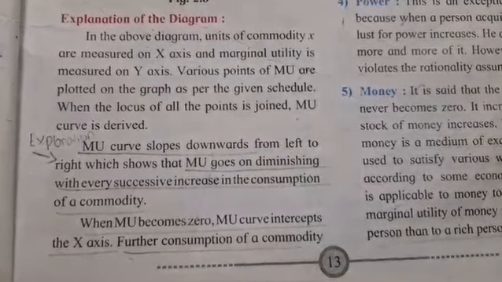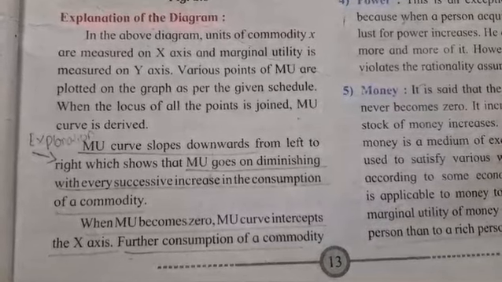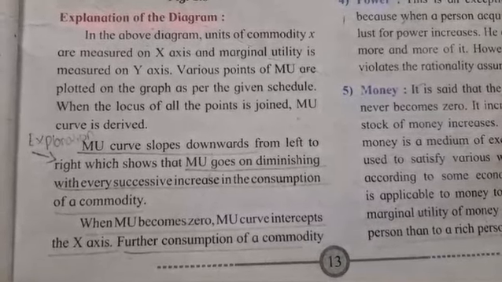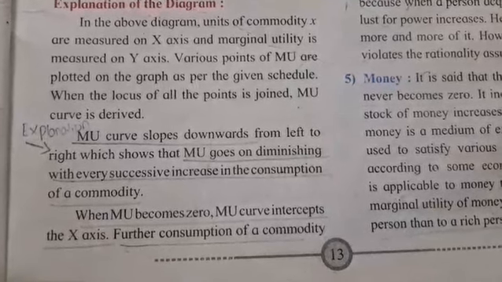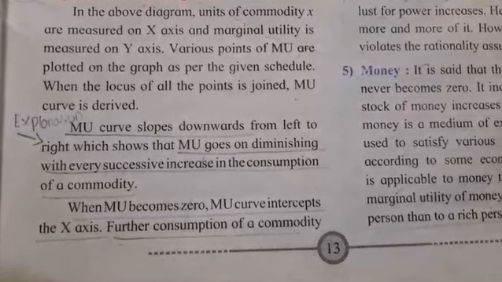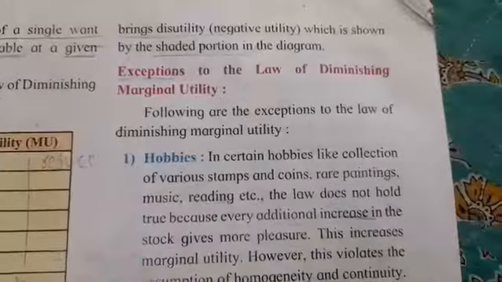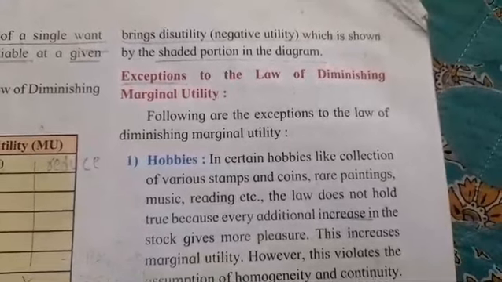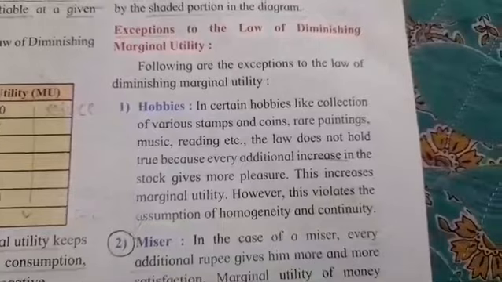The MU curve slopes downward from left to right, which shows that MU goes on diminishing with every successive increase in the consumption of a commodity. When MU becomes 0, the MU curve intercepts the x-axis. Further consumption of a commodity brings disutility, which is negative utility, shown by the shaded portion in the diagram.